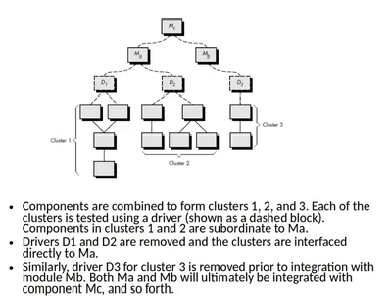Drivers D1 and D2 are removed and the clusters are interfaced directly to MA. Similarly, driver D3 for cluster 3 is removed prior to integration with module MB. Both MA and MB will ultimately be integrated with component MC, and so forth.